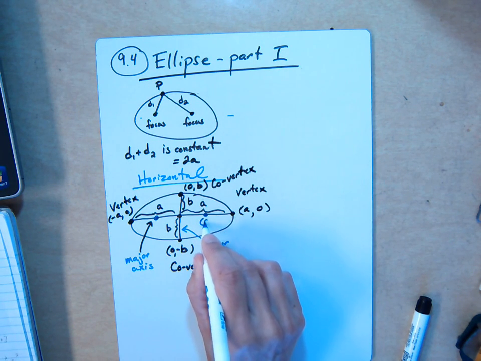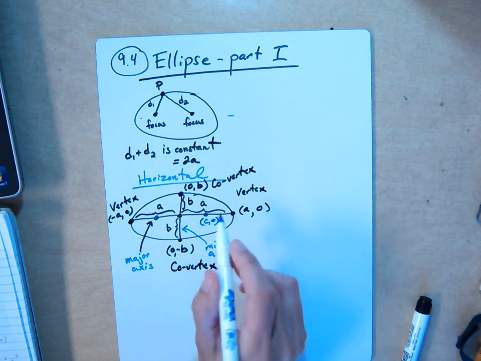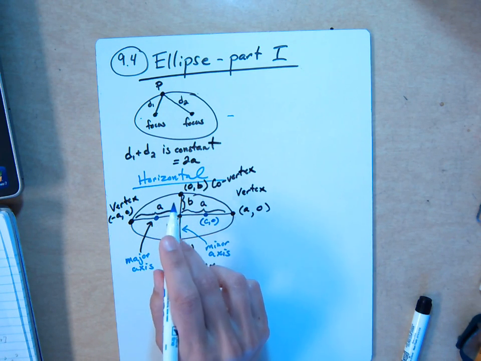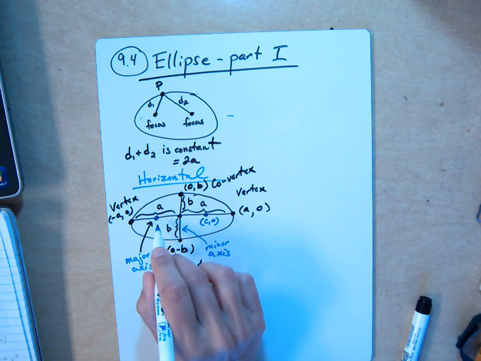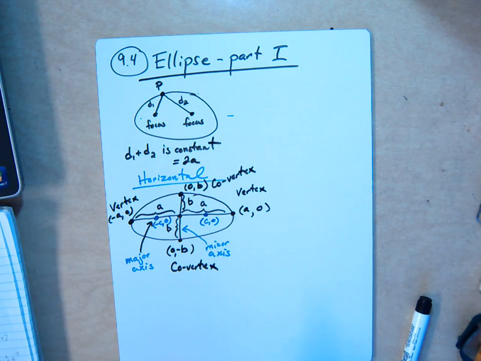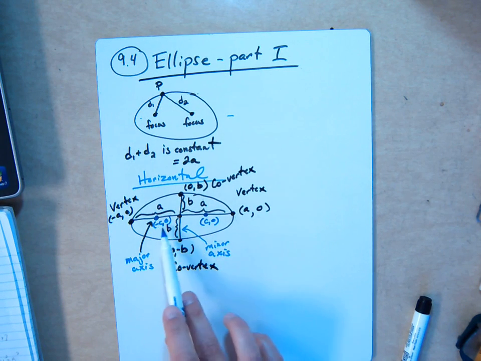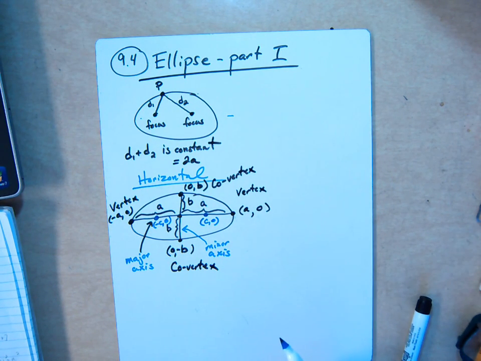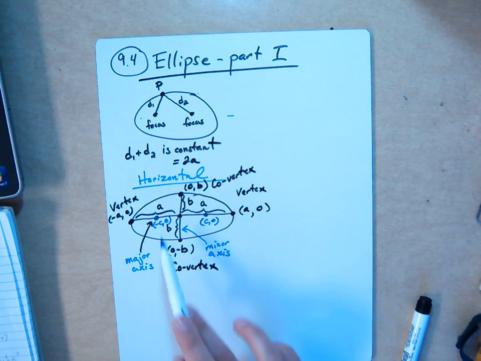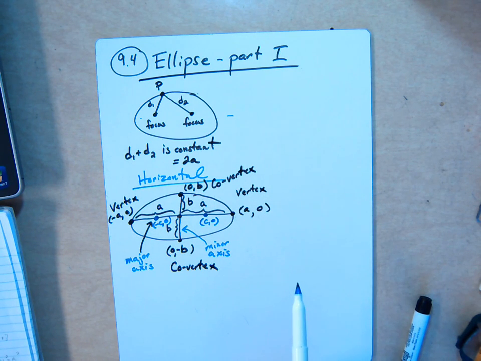So this would be c, comma, 0 for that focus point, and this would be negative c, 0. The focus points are always along the major axis. Those are our two fixed points from which we could construct an ellipse. So c, 0 and negative c, 0 if it's in the horizontal orientation. So we have everything there in that picture.